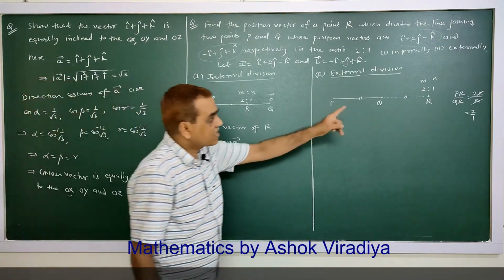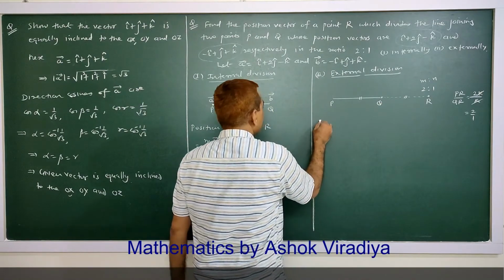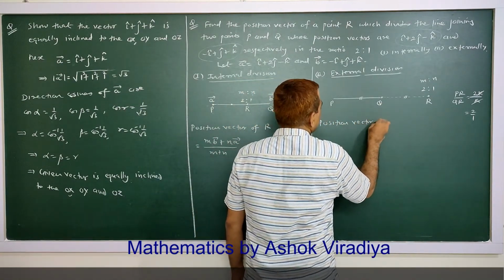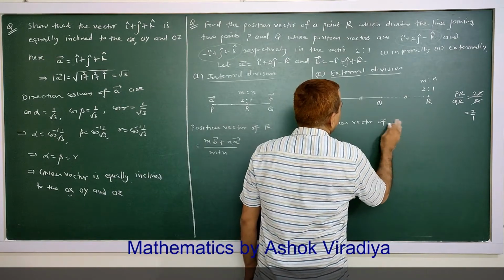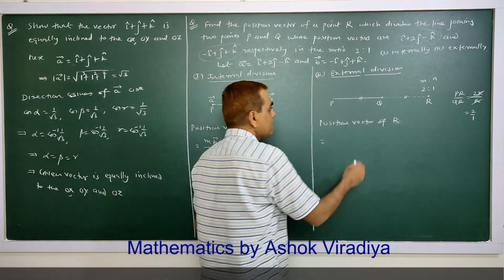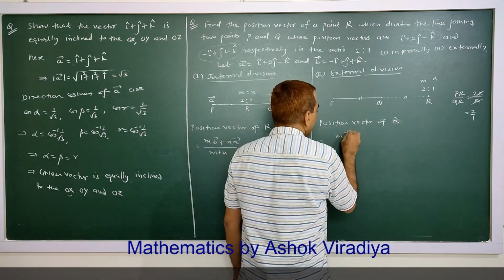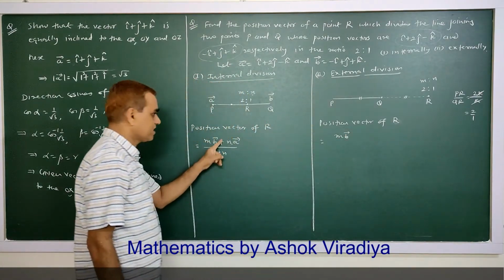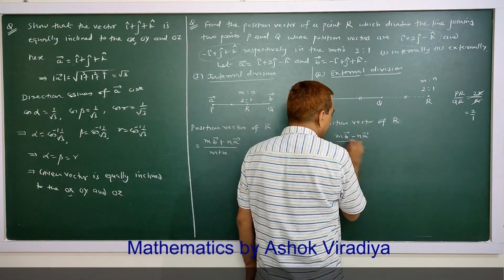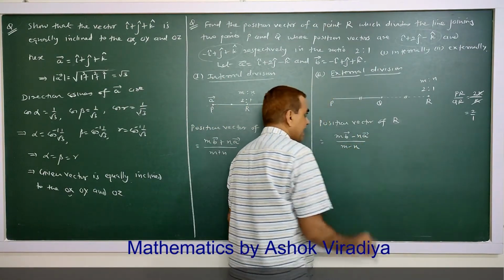And this was the case of internal division. For external division, the position vector of point R is (M B bar minus N A bar) upon (M minus N), only the difference is that we put a minus here.